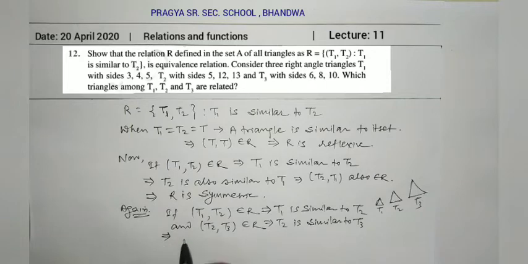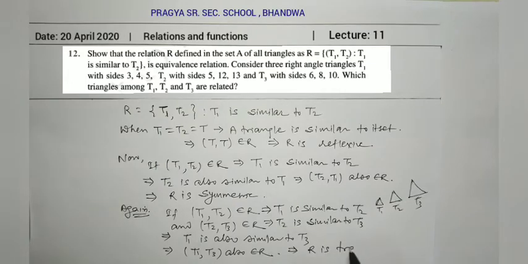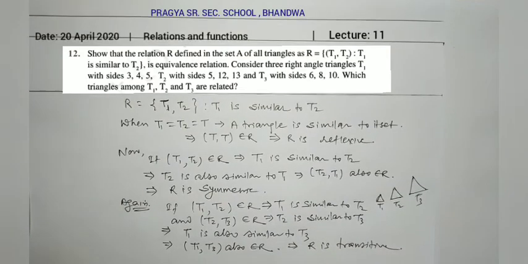This implies T1 is also similar to T3. So we can say that (T1, T3) also belongs to R. This implies R is transitive.